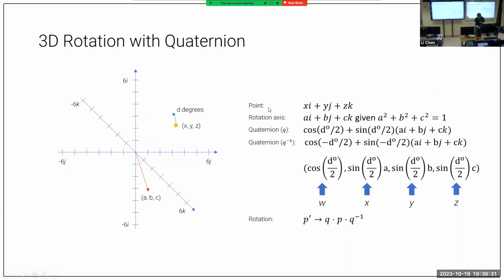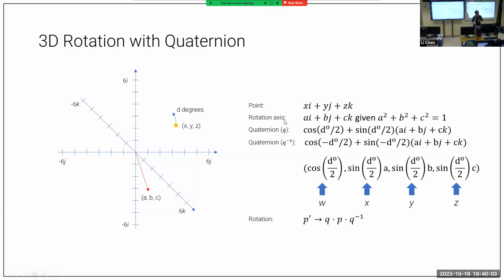This is how we represent this point. Then how about the rotation axis? The rotation axis is ai plus bj plus ck. This is the same format as how you represent ABC as a point in 3D space. In general, xi plus yj plus zk is the same as ai plus bj plus ck. They share the same format.